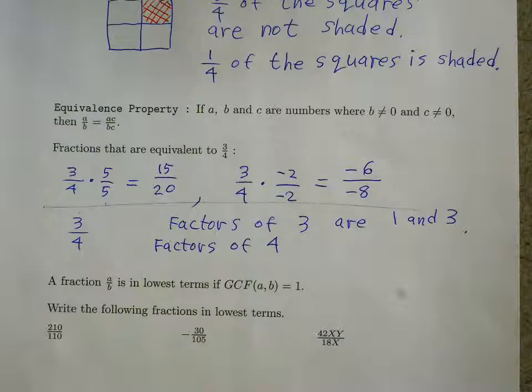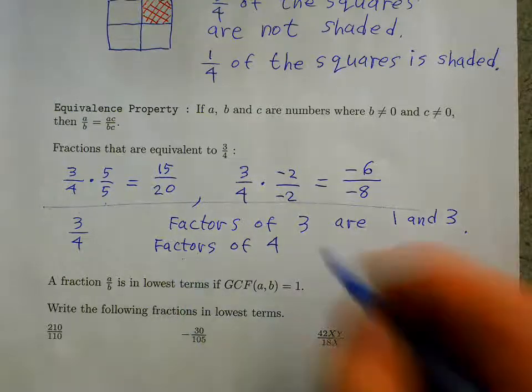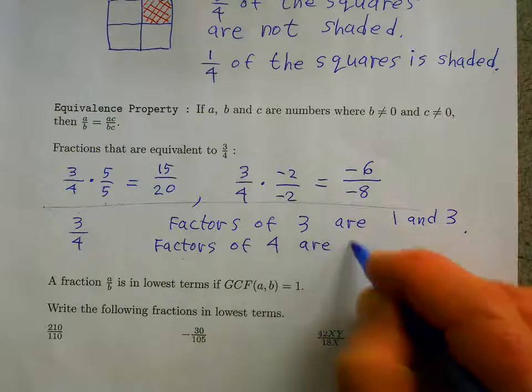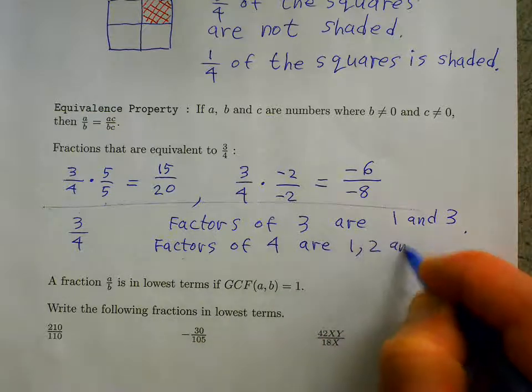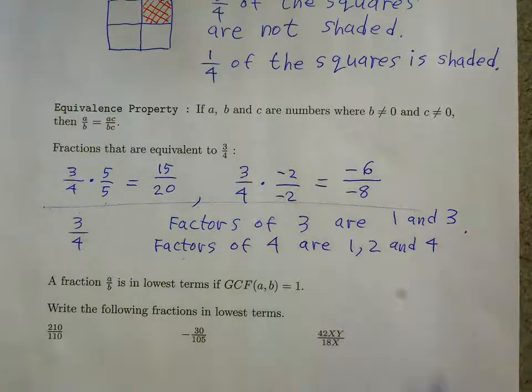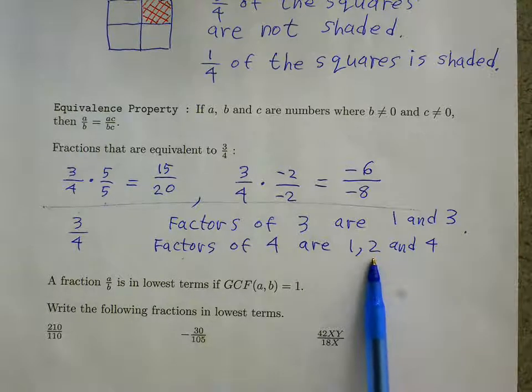1 times 4 is 4. So 1 and 4 are positive factors of 4. We can also multiply 2 times 2 to get 4. So 2 is also a factor of 4. So factors of 4 are 1, 2, and 4. We don't need to list 2 more than once.